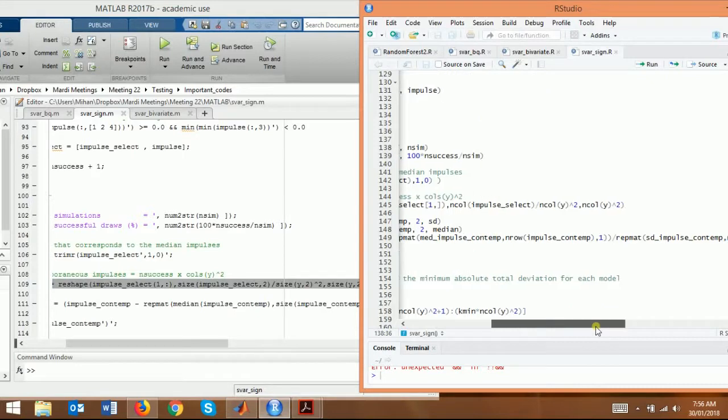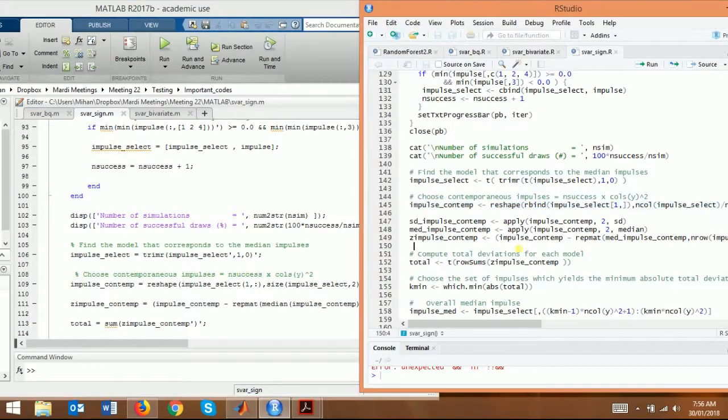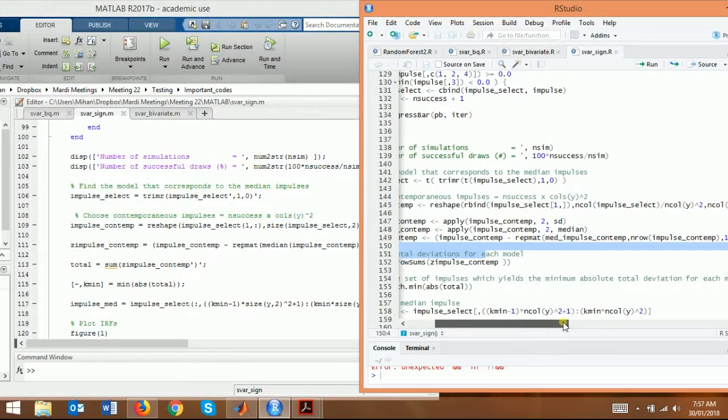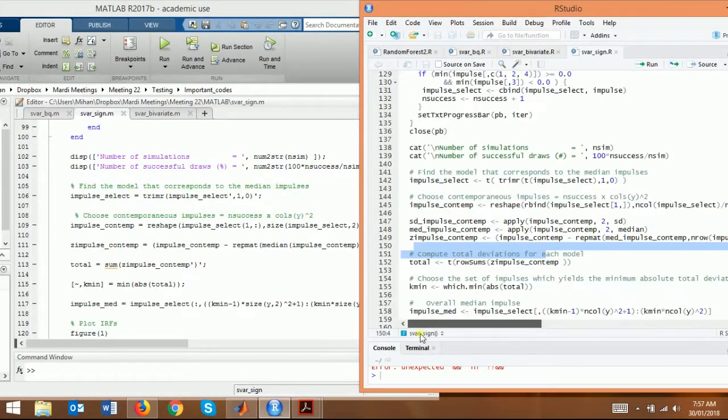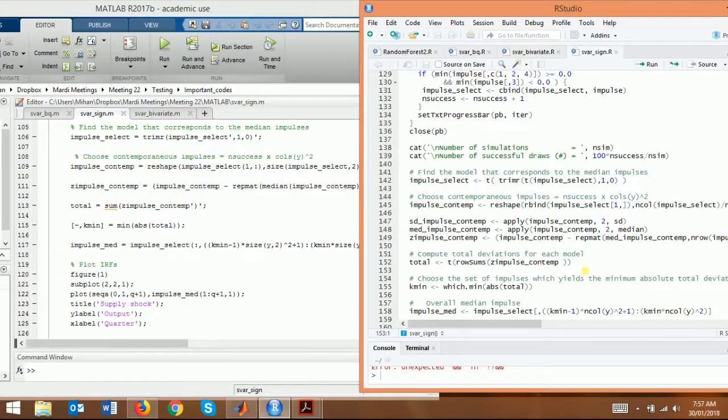So this helps me to find how many contemporaneous impulses there are. Then I do z-score. You don't need to do this, just z-score should be fine. Z-score equation should be fine. I'm not sure what the equivalent z-score function is in R, but in MATLAB it's simply z-score.